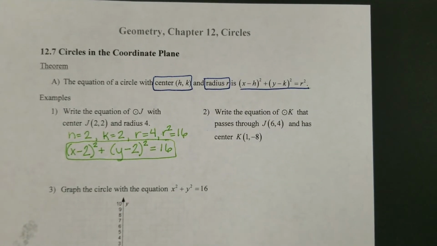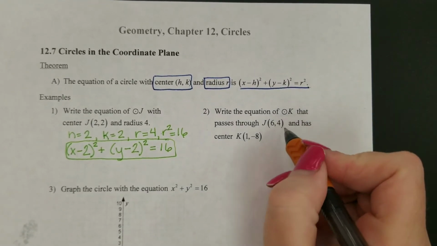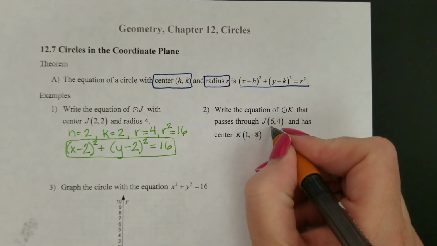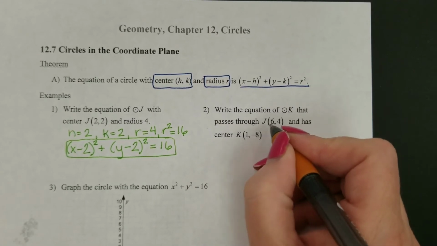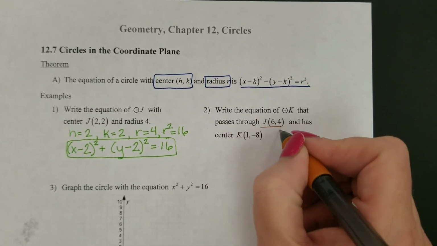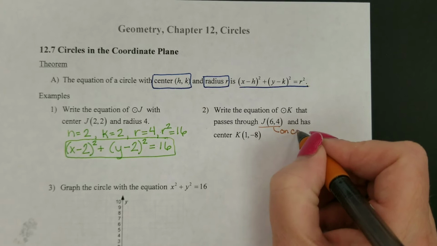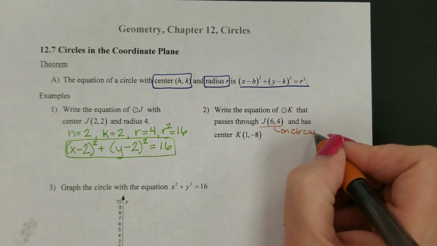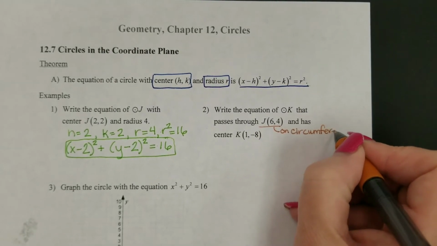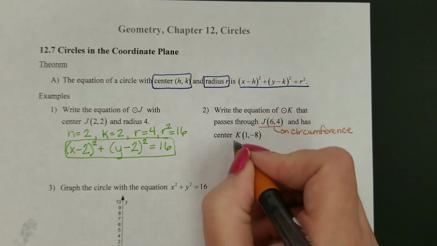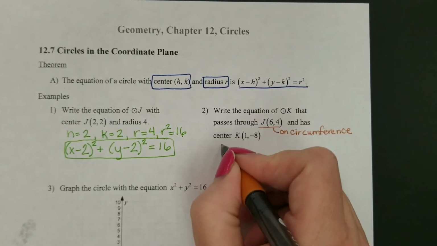Let's try another one. We're going to write the equation of circle K that passes through (6, 4), so this is on the circumference. And it has a center of (1, negative 8).